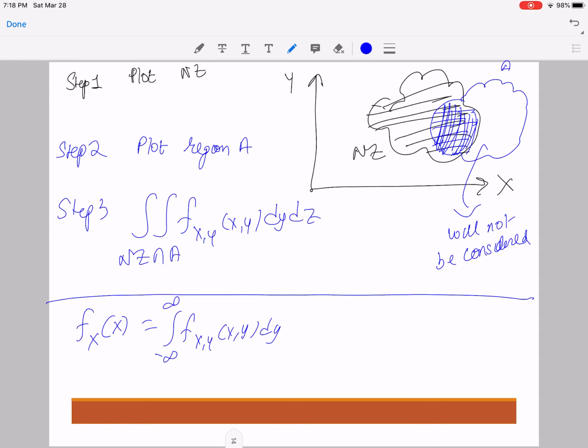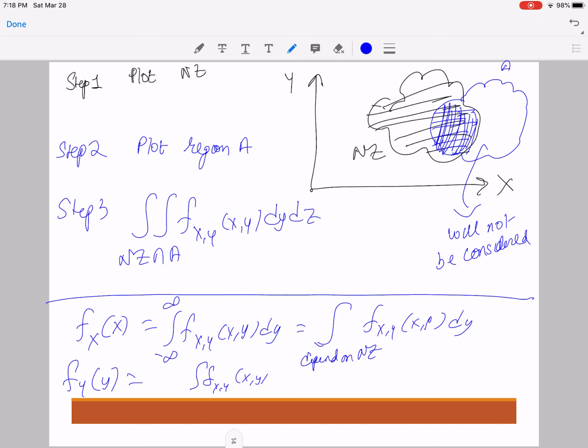But because of the non-zero probability region, the limits for the integration will depend on NZ. Similarly, f of y will be obtained by performing a single integration of the joint PDF with respect to x, and the limits will depend on NZ. So you may also be interested in finding the marginal PDFs like this.